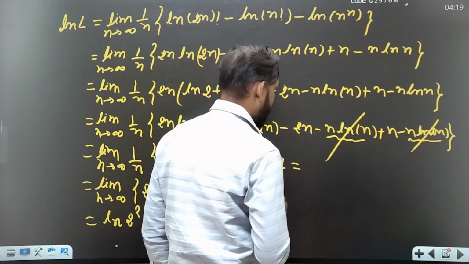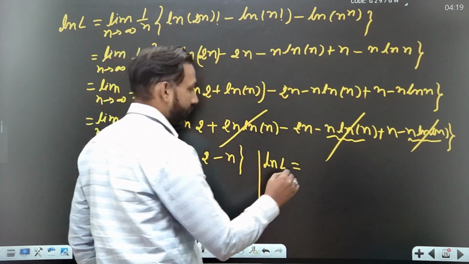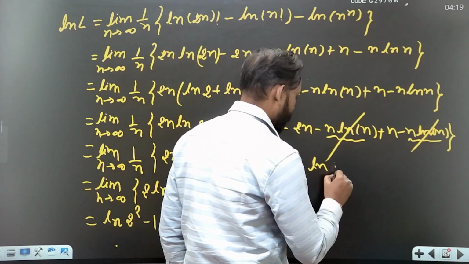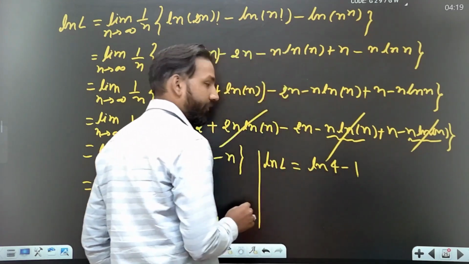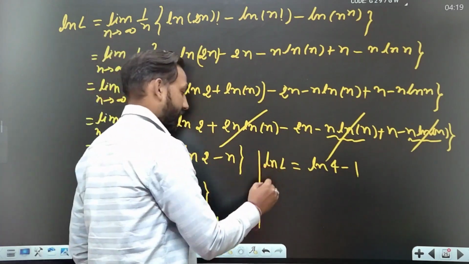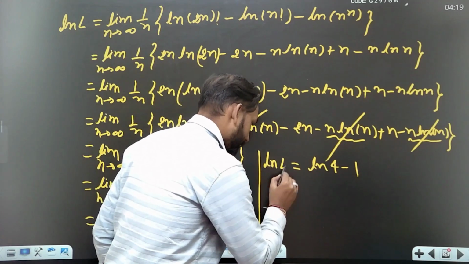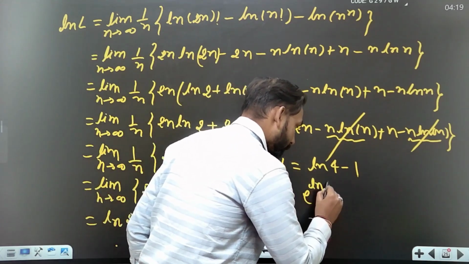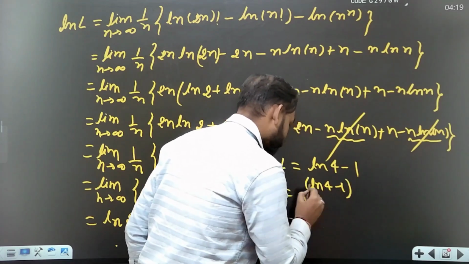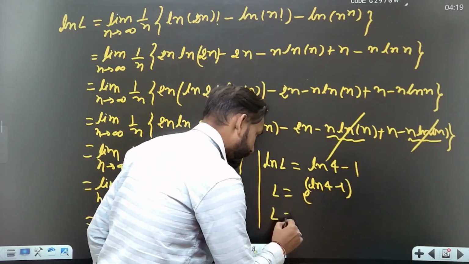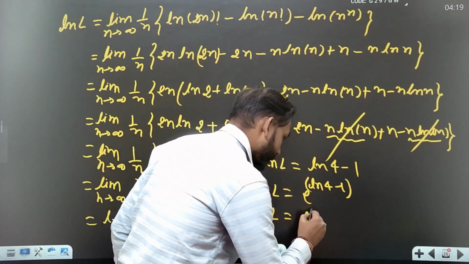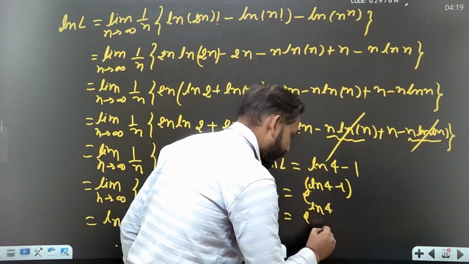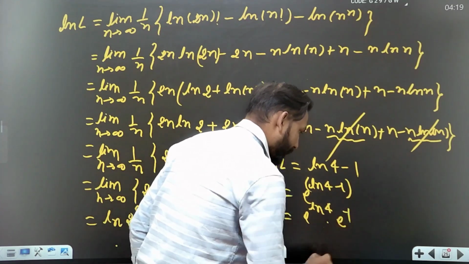L equal to ln 4 minus 1, and we take the antilog of this equation. We get L equal to e raised to the power ln 4 minus 1, which is 4 times e to the power minus 1.